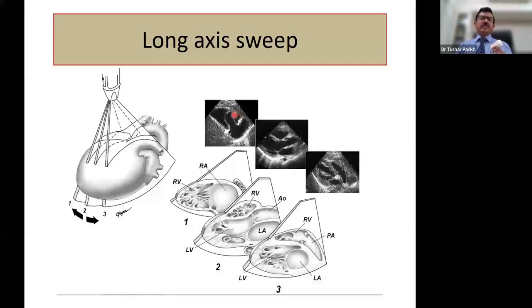And you will be able to assess pulmonary hypertension in this particular image. If you do a lateral sweep, you will be able to see the crossing of the great vessels. And this particular view is important to rule out TGA. So we'll not talk about this. We'll talk about this particular view, the long axis medial sweep.